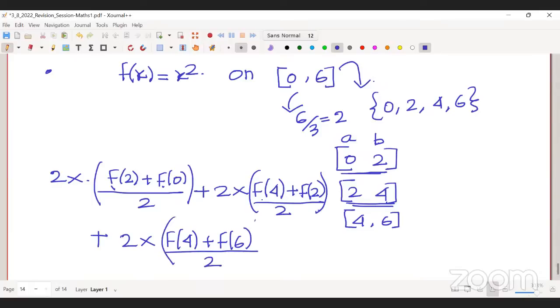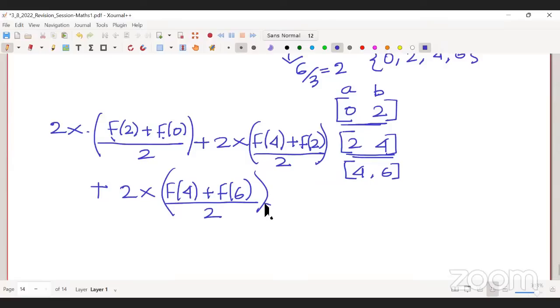So this is the trapezoidal Riemann sum of this function on this interval, if you divide this interval into 3 sub-intervals of equal length. Is it clear?